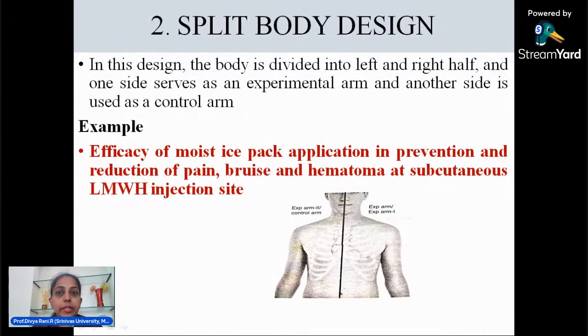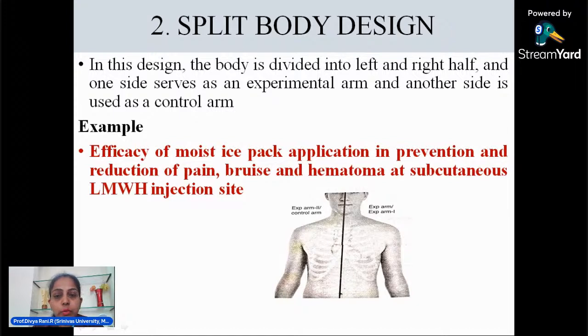Next is split body design. Here we are dividing the body into two halves. One side of the body will be the experimental arm, and another side will be considered the control arm. Now you can see in the picture there is an example: effect of moist ice pack application in prevention and reduction of pain, bruise and hematoma at subcutaneous low molecular weight heparin injection site.